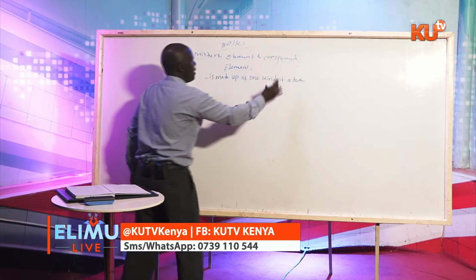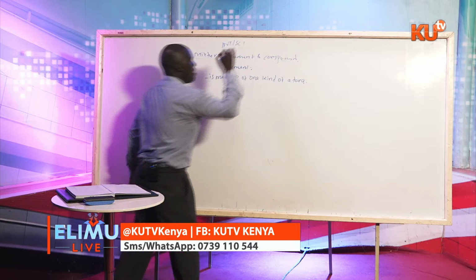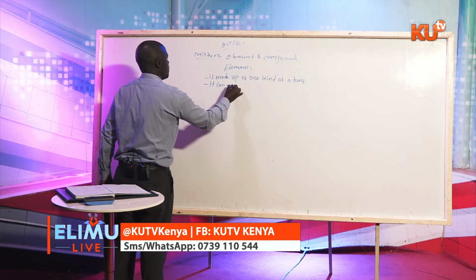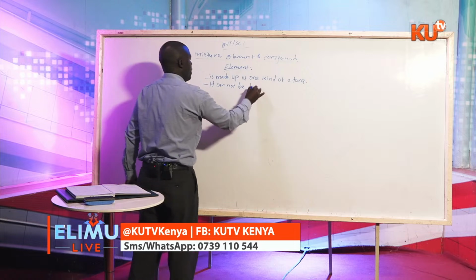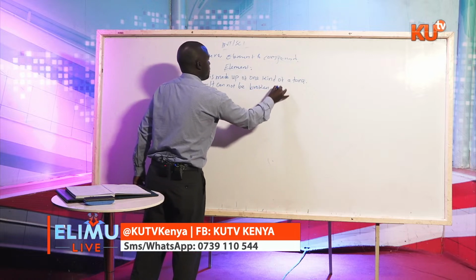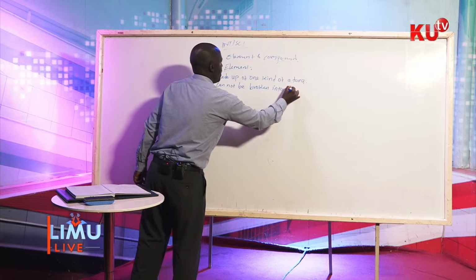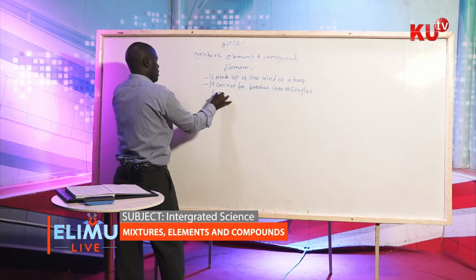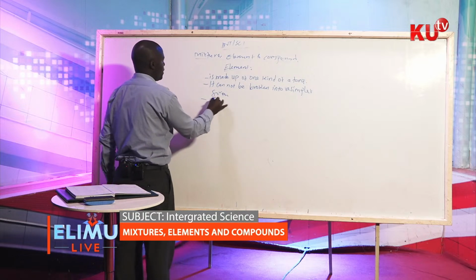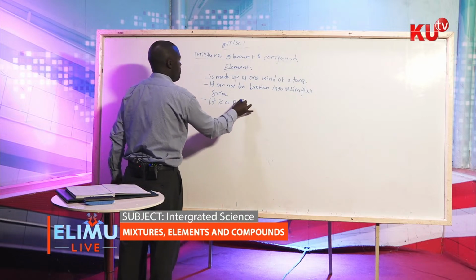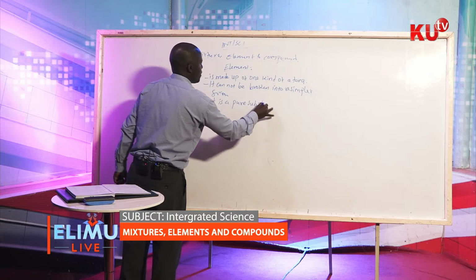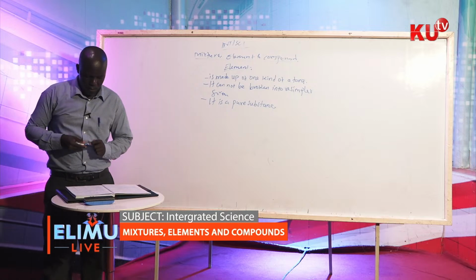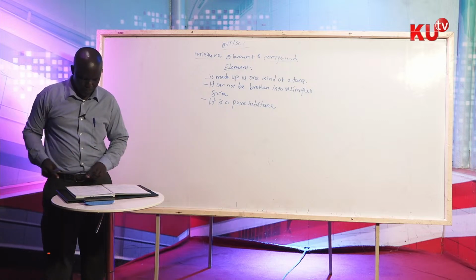We'll talk about this later so that we understand what an atom is. It cannot be broken down into a simpler form. And it is also a pure substance. Pure substance means it's only made up of one kind of atom.